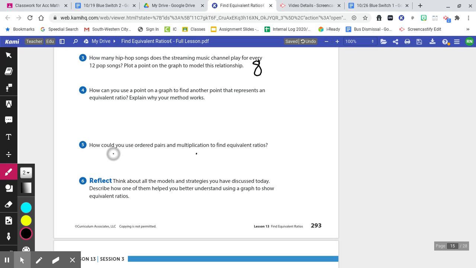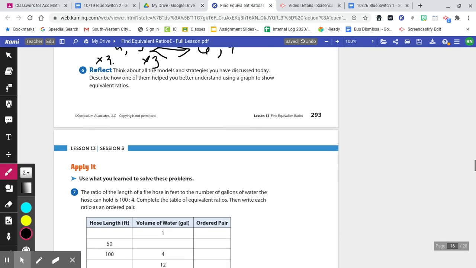So for instance, if I had a (2, 3), and I multiplied both of these by, let's say, 3, times 3, times 3, then I get a (6, 9). These are equivalent. I've increased them by the same amount, and think back to what the picture looks like and why that works.